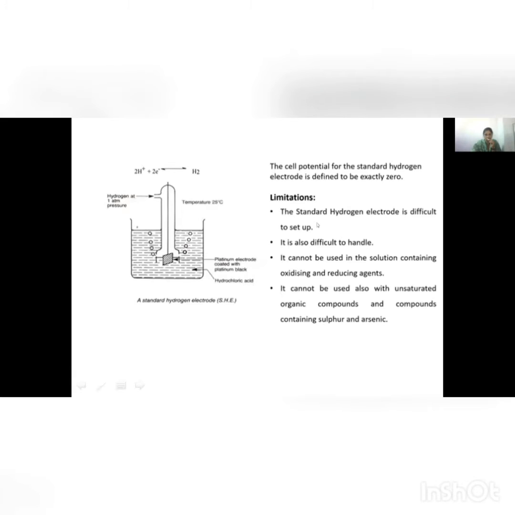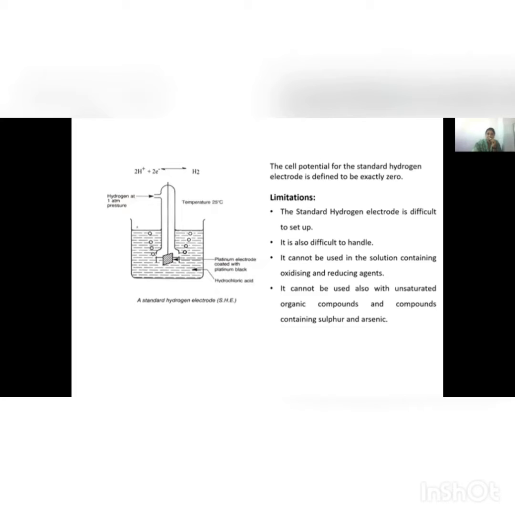So the best reference electrode is the primary reference electrode, that is the standard hydrogen electrode. The cell notation for the standard hydrogen electrode is Pt | H2 (1 atm) | H+ (1 M).